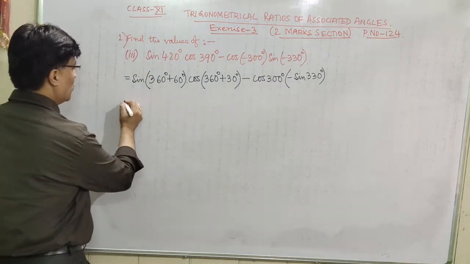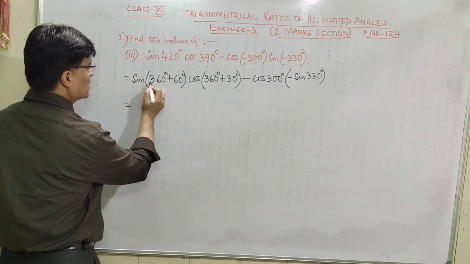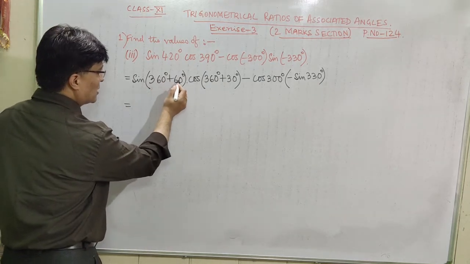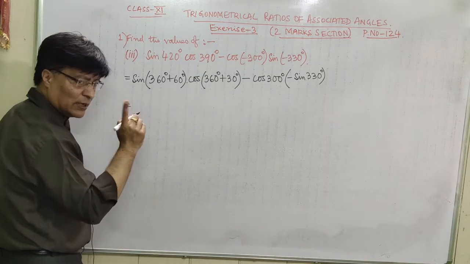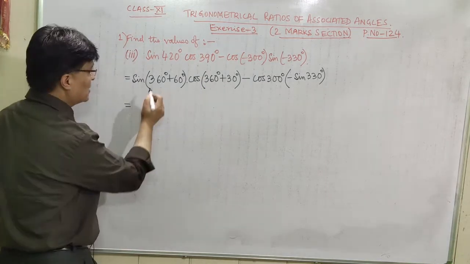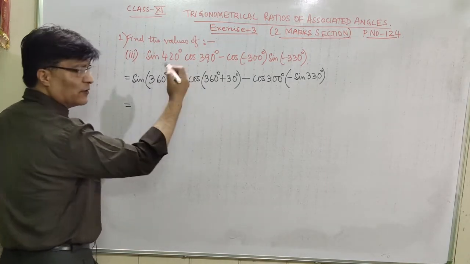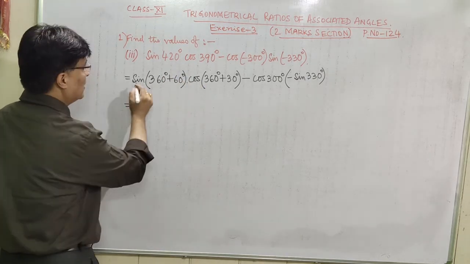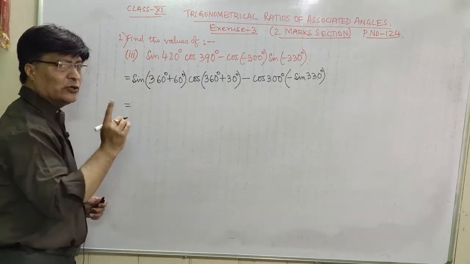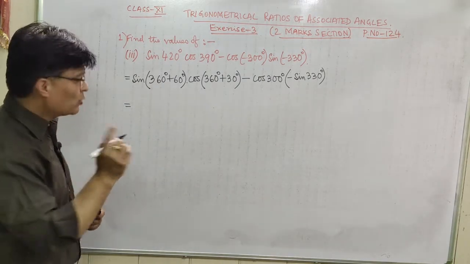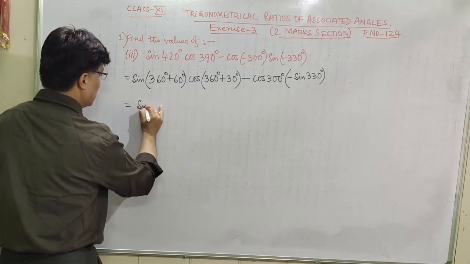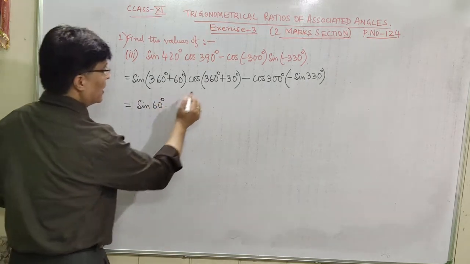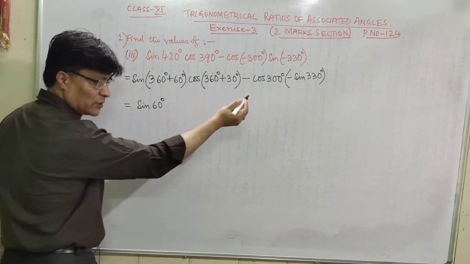Okay. So which is equal to, now what is the formula for sine 360 plus 60 degree? 360 degree plus theta lies in the first quadrant, right? And in the first quadrant sine is always positive. And this 360 is 90 into 4, an even multiple of 90, so sine remains as it is. That is sine 60 degree into, again 360 plus 30 lies in the first quadrant.